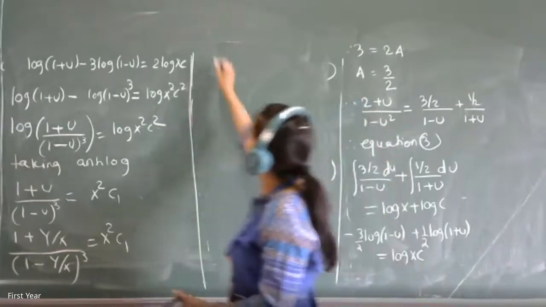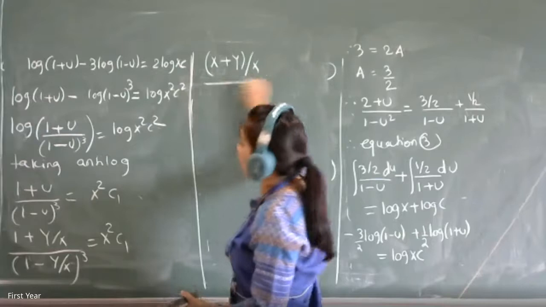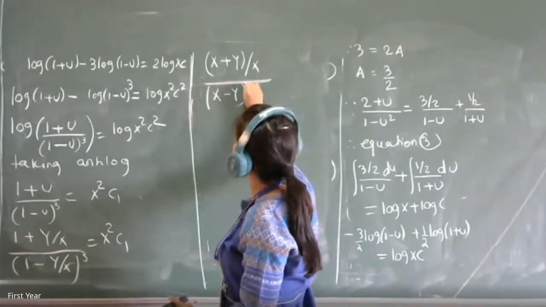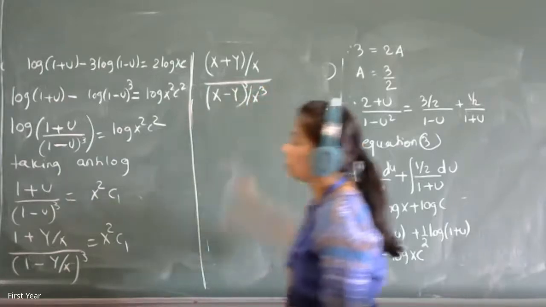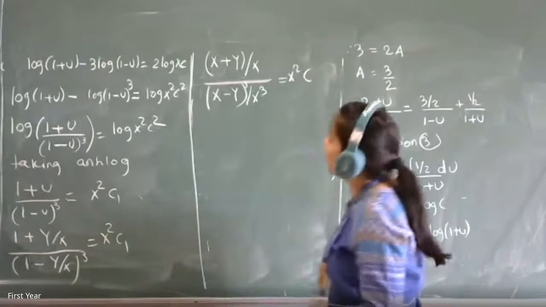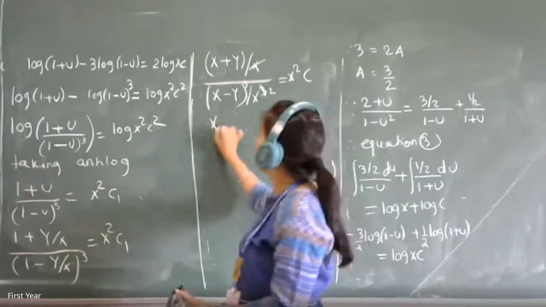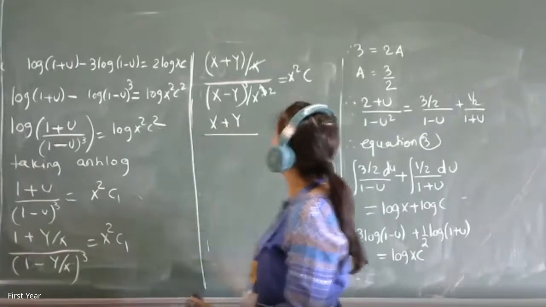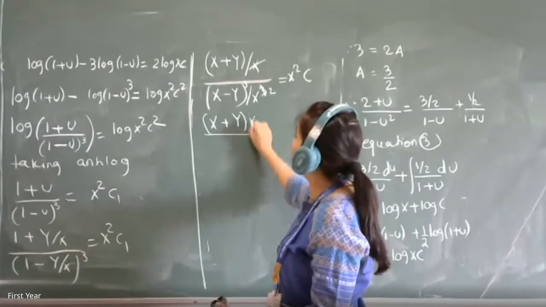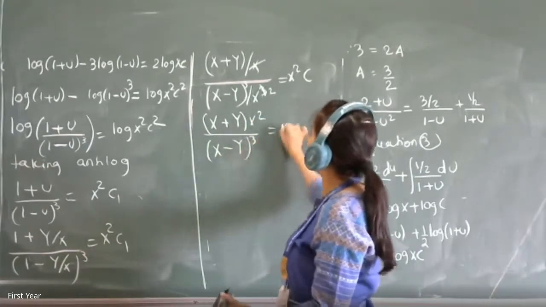That is x plus y divided by x upon x minus y divided by x cube is equal to x square c. I'm writing each and every step. With this, x and this square will get cancelled. It is x plus y. X square is in denominator, so it will go in the numerator upon x minus y the whole cube is equal to x square c.